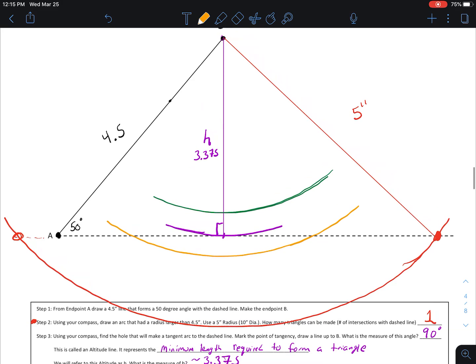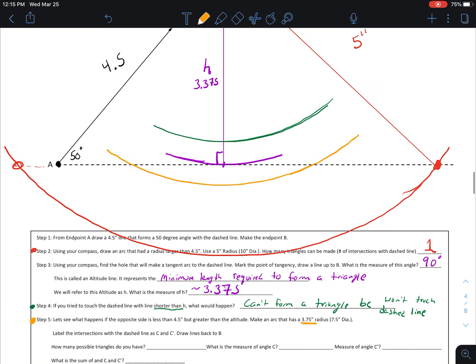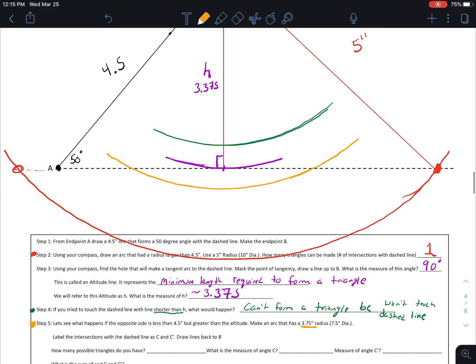So if I made that arc with that side, it actually intersects our unknown side twice. So it says label one that is C and C prime. All right, so we'll make the one on the right be side C. And the intersection over here on the left-hand side, I'm going to call that C prime.